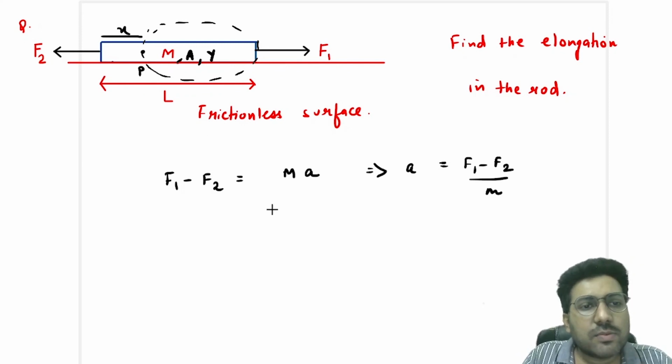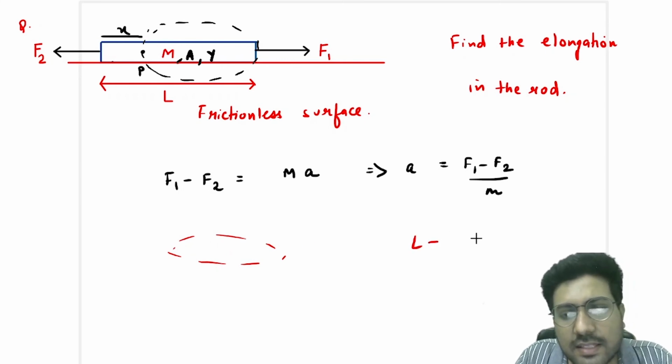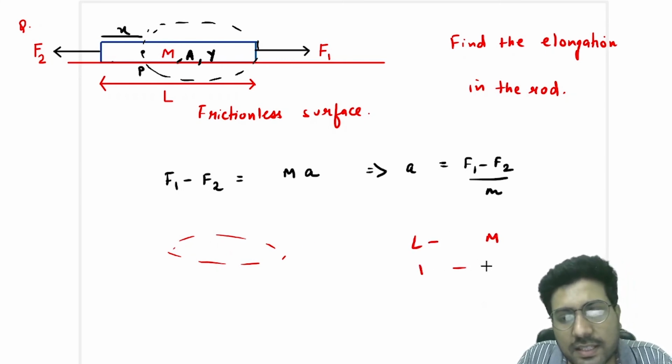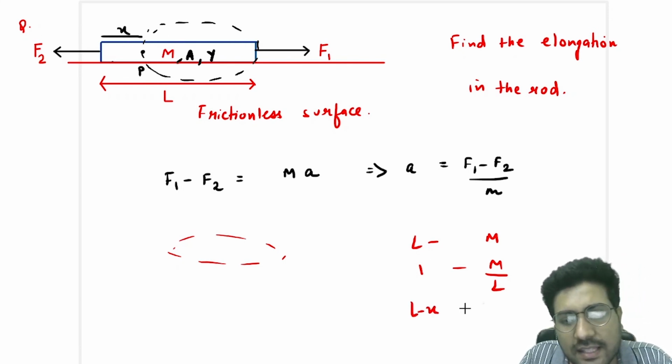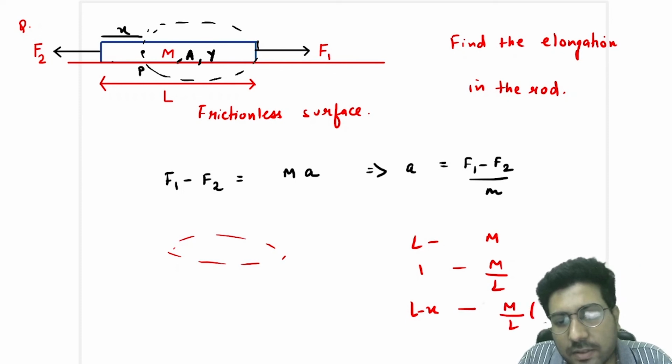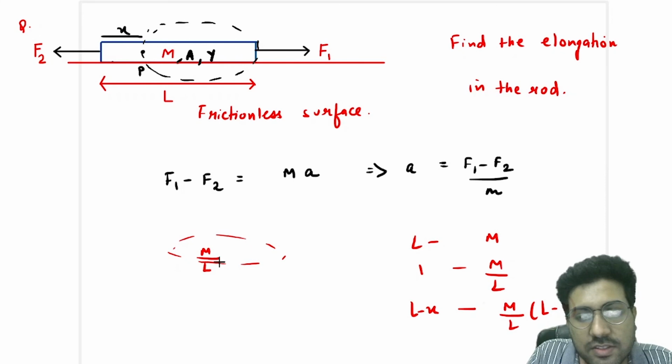This is the system and this mass is, see, L length has mass m, unit length has mass m by L, but this length is how much? If this is x, this length is L minus x. So L minus x length has mass m by L into L minus x. So we now have the mass of our FBD system, m by L into L minus x.